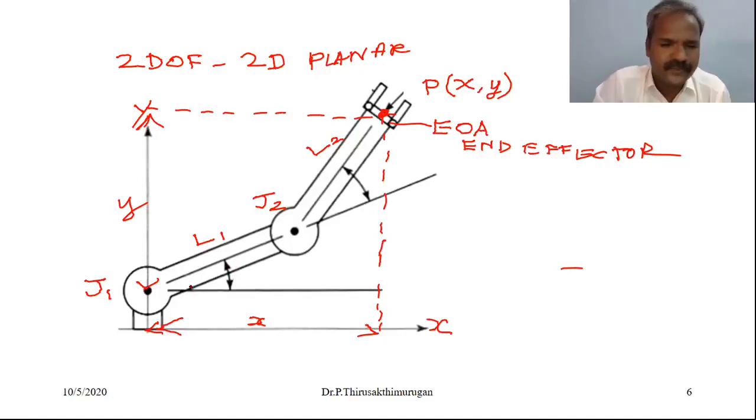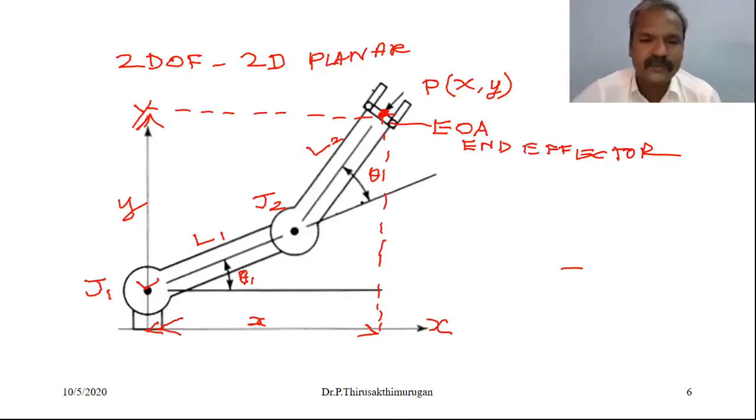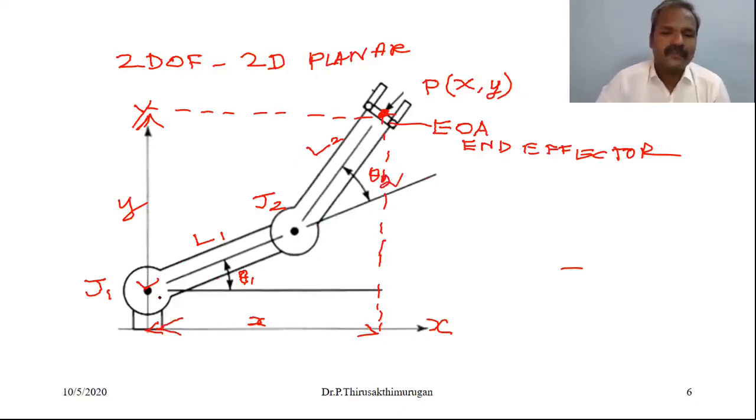Okay. So I am going to consider the present. This first joint angle is, say, theta 1. The second joint angle is theta 2. So this is with respect to this; this is theta 2. Okay. So theta 1 and theta 2 are the two joint angles of the robo.